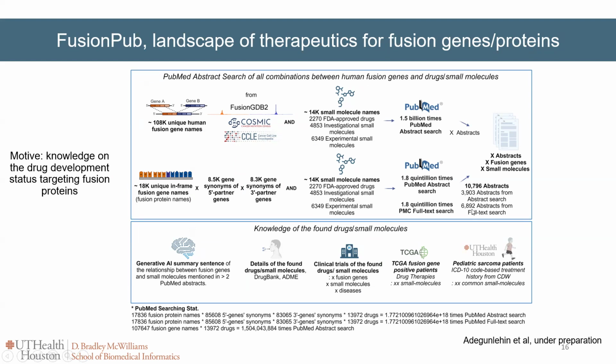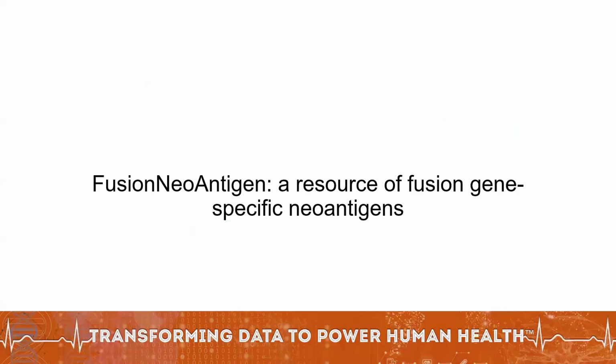For fusion proteins, we found 10,000 abstracts, and we are waiting for the result for 100,000 human genes. For these, we are providing diverse annotation. I think it will be useful, and we can also use it for our study.